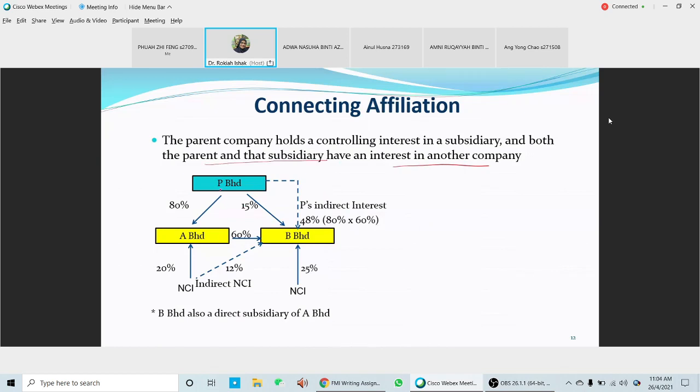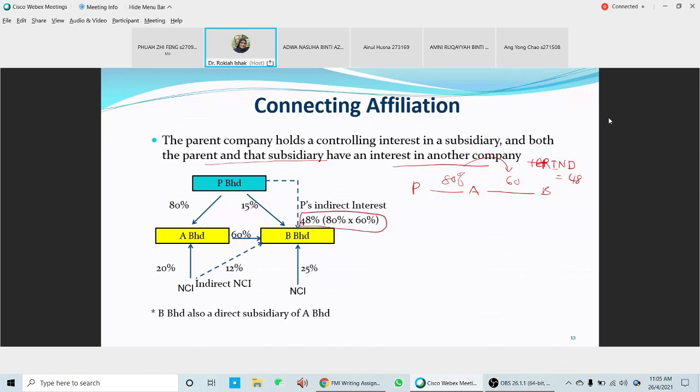Okay, parents control A 80%, and then A controls B another 60%. So indirectly, parents are going to have 48. This is what you have indirectly.